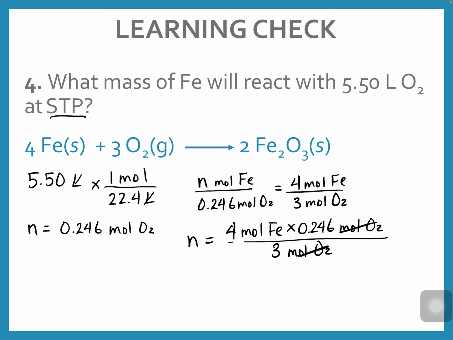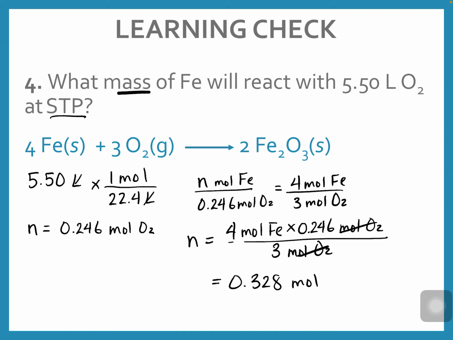Moles of oxygen will cancel, and that's going to give me 0.328 moles of iron. So 5.5 liters of oxygen at STP will react with 0.328 moles of iron.